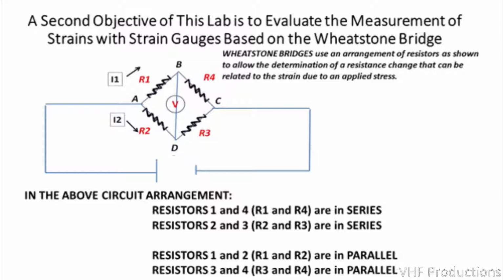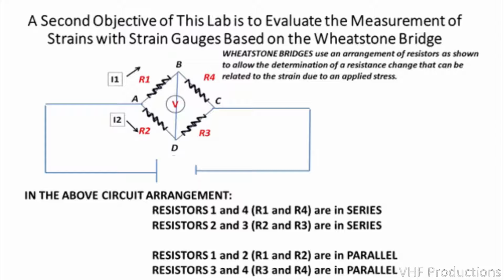Resistance R1 is connected between pins A and B. The resistor R2 is connected between pins A and D. Resistor R3 is connected between pins C and D, and the 4th resistor R4 is connected between pins B and C.